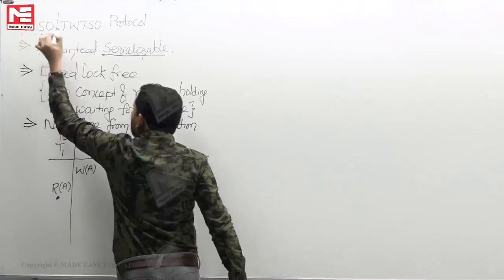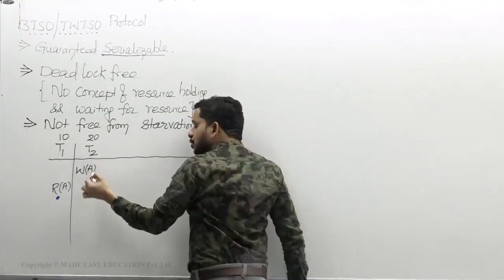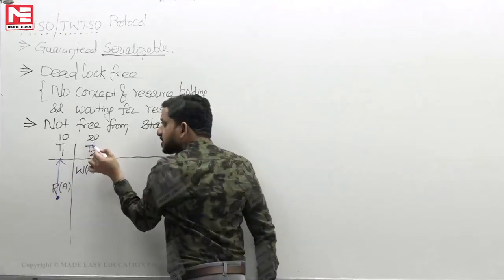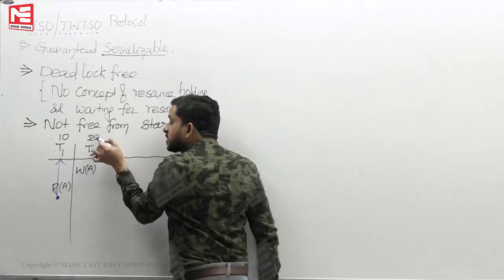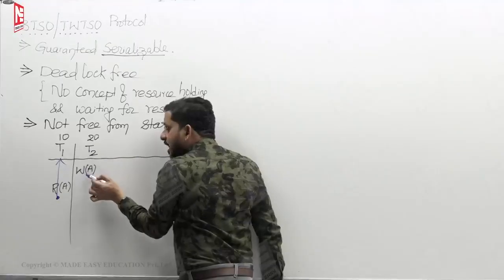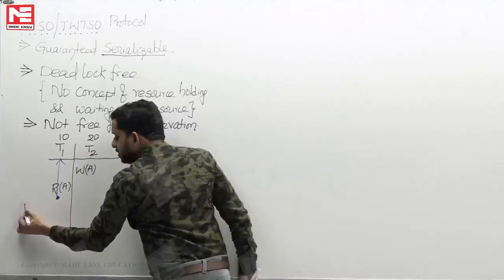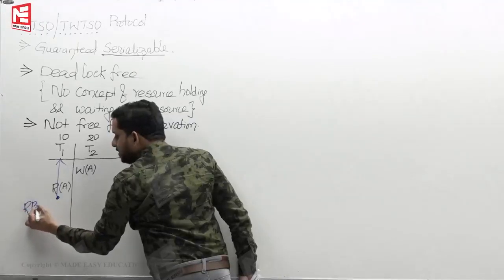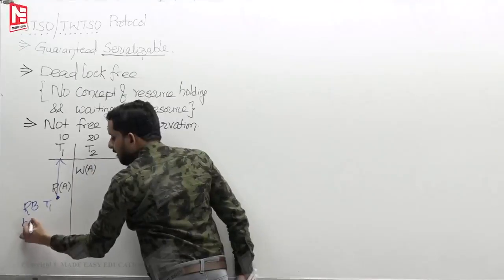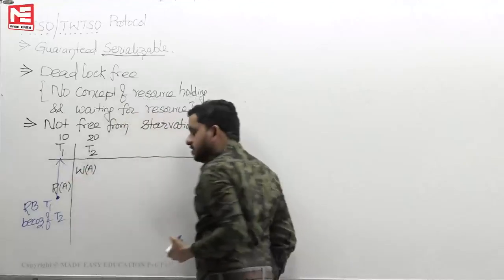Basic timestamp ordering rolls back T1, and Thomas write rule timestamp ordering also rolls back T1. Because the younger transaction T2, with timestamp 20, already did the write, the older transaction's read request is not allowed. So we roll back T1 because of the T2 write operation.